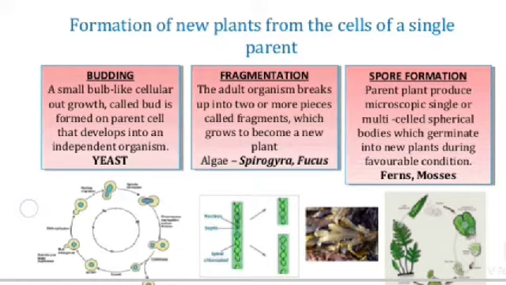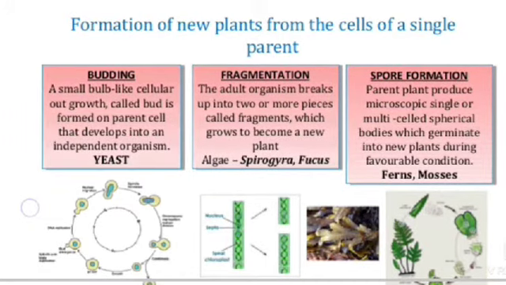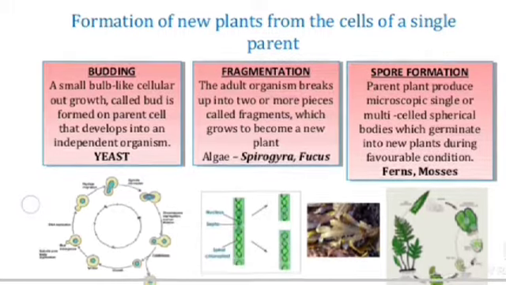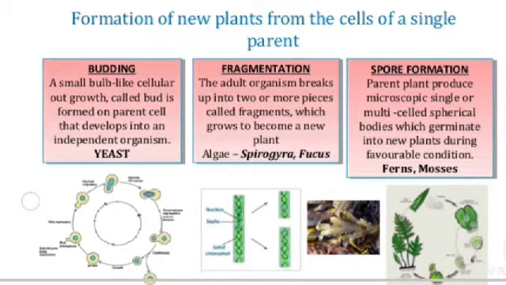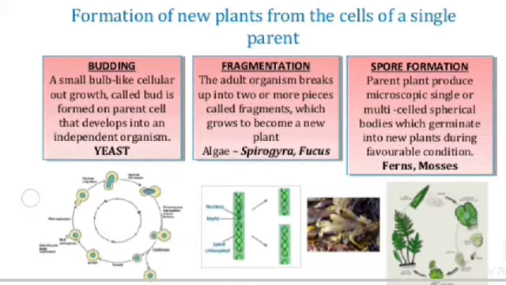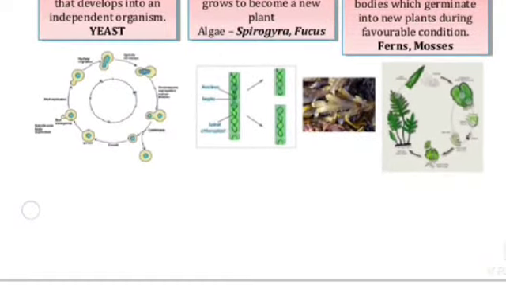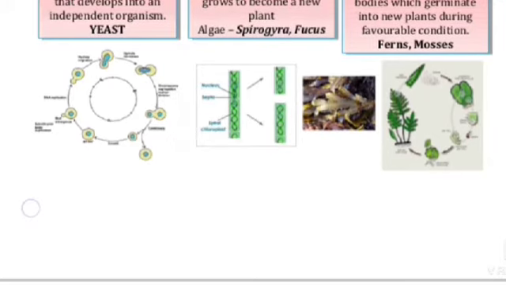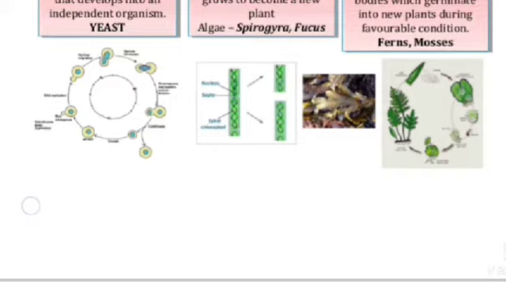The parent plant produces microspores, single or multi-celled spherical bodies which germinate into new plants during favorable conditions. For example, ferns and mosses. See the adult one, the leaf surface has microspores, and the formation of a prothallus gives a new generation.